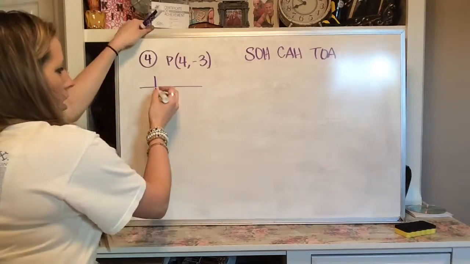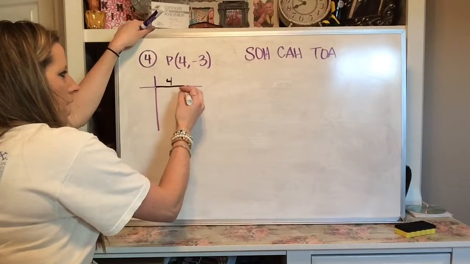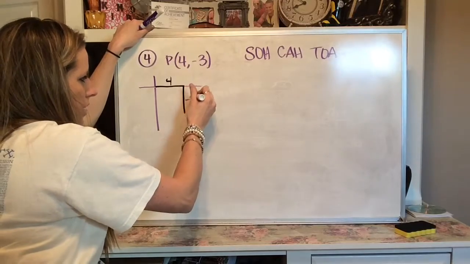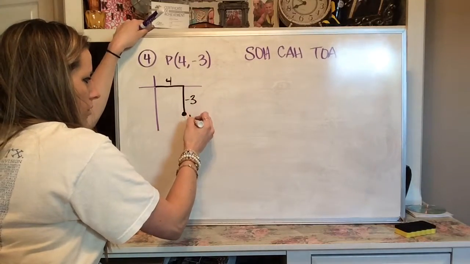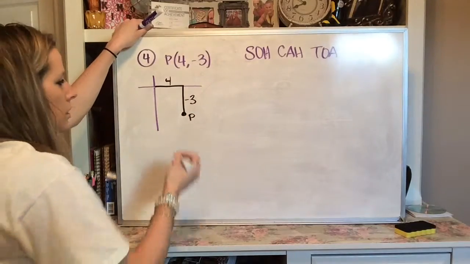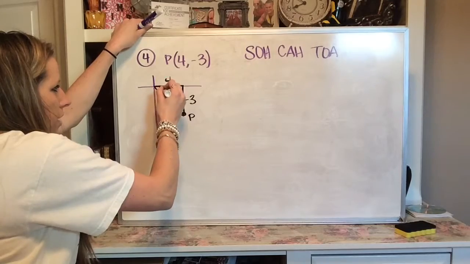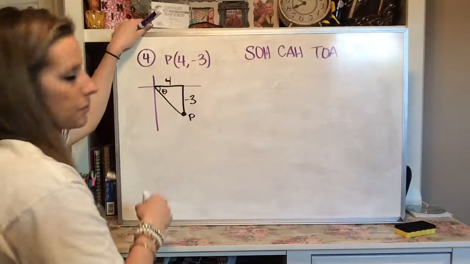So I have a positive x value, positive 4. My y value is negative, so it's going to go down, negative 3. And that'll get me to my point P, 4, negative 3. Okay, and I'm going to make my triangle. I have my angle theta, and I have my vector.